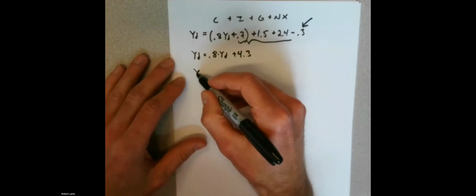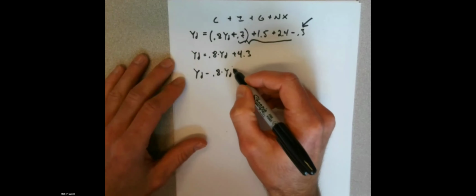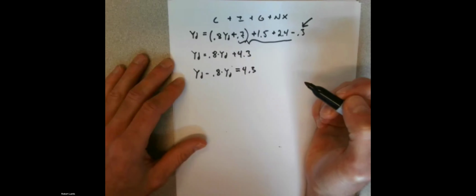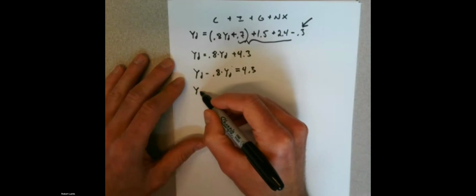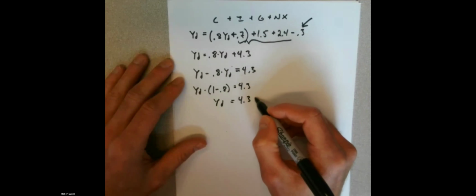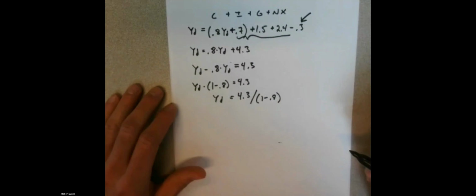From here, it's very similar to what we were doing before. I'm going to subtract 0.85 times the disposable income from both sides. So that break-even level of real GDP in our economy will be equal to this.